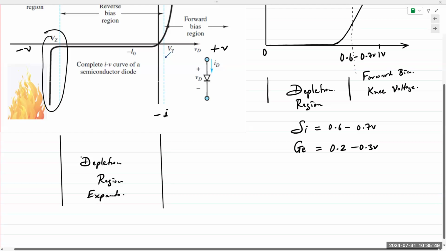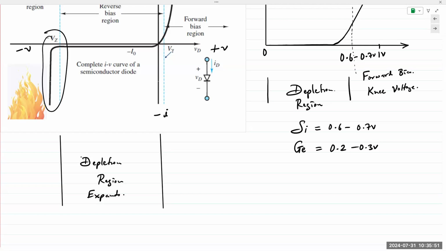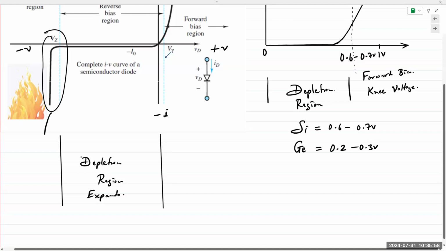And so that is shown by this sharp drop on the left side. So this is known as a breakdown of the junction.